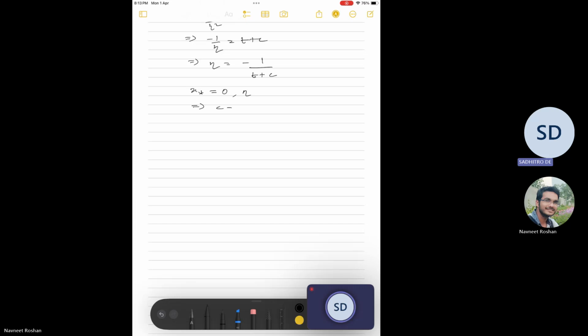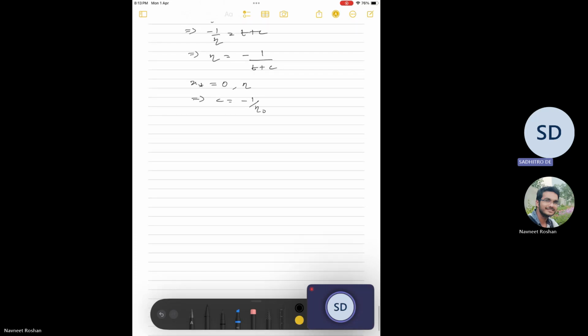So c is equal to minus 1 by eta 0, which was the initial value of the perturbation. Then we have eta equal to minus 1 by t minus 1 by eta 0.